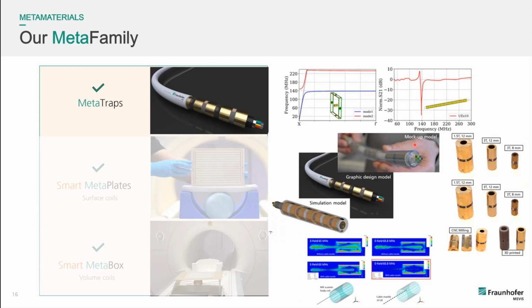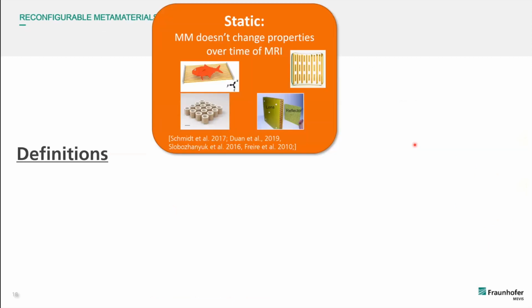We used it for an MR compatible ultrasound system, where you can avoid that your RF is actually coupling into the cable. That's just for the metamaterial used for electromagnetic traps. This is not reconfigurable.